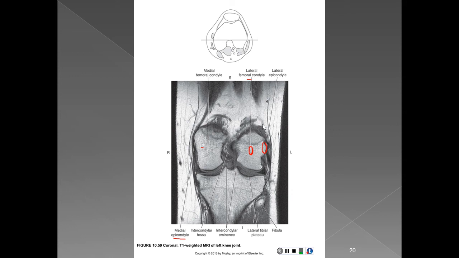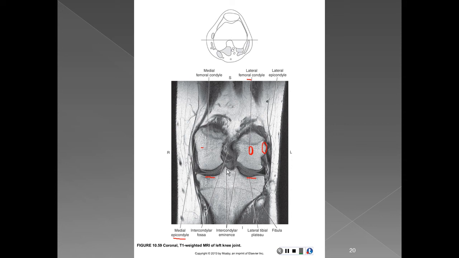So the tibia has a widened proximal end that has two cartilaginous projections, the medial and lateral condyles. The superior articular surface of both condyles has flattened surfaces called tibial plateaus. And this is the lateral tibial plateau, so this will be the medial tibial plateau.